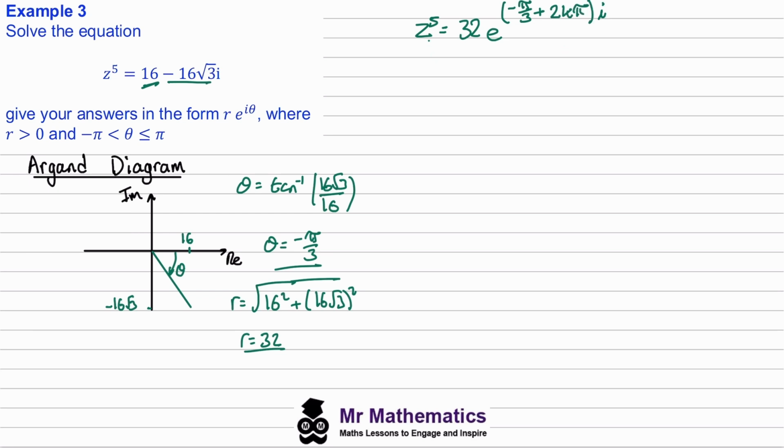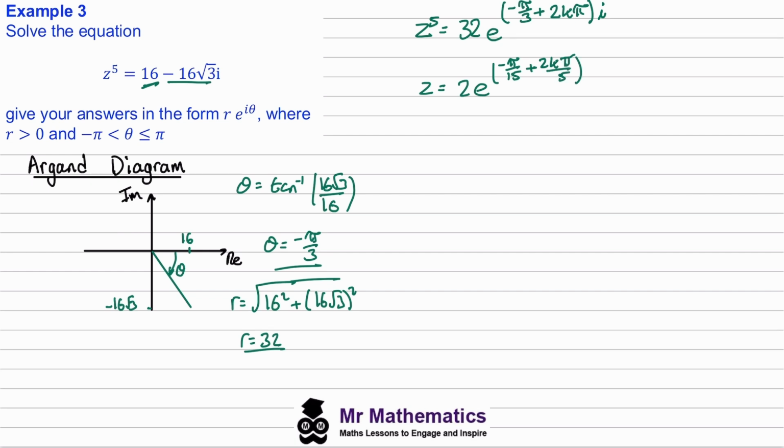Then we'll take the fifth root of both sides. So z will be, using De Moivre's theorem, 2e to the negative pi over 3 divided by 5, so over 15, plus 2k pi over 5.